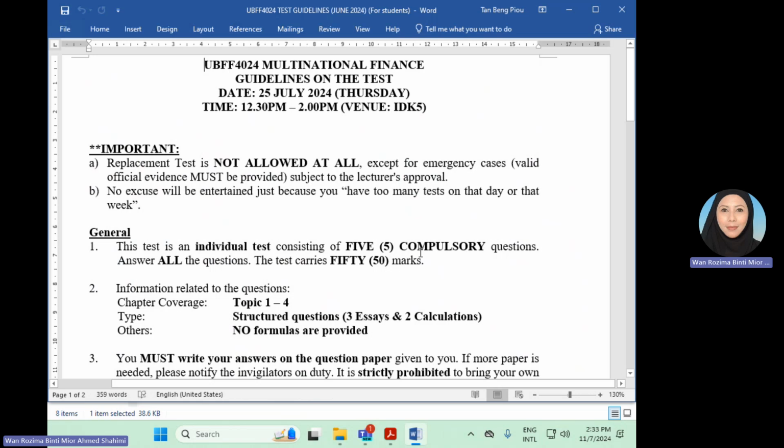Task: 25th July 2024 during lecture time, week 6, 12:30 to 2 p.m. So you just wait outside. My colleague and I will arrange all this. I think I already asked the NGO. This one is for 325 students, and we only have 98, so definitely I don't have to book another venue.